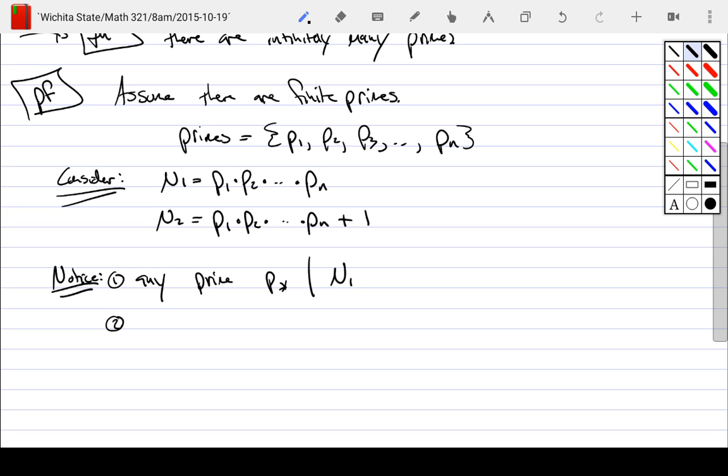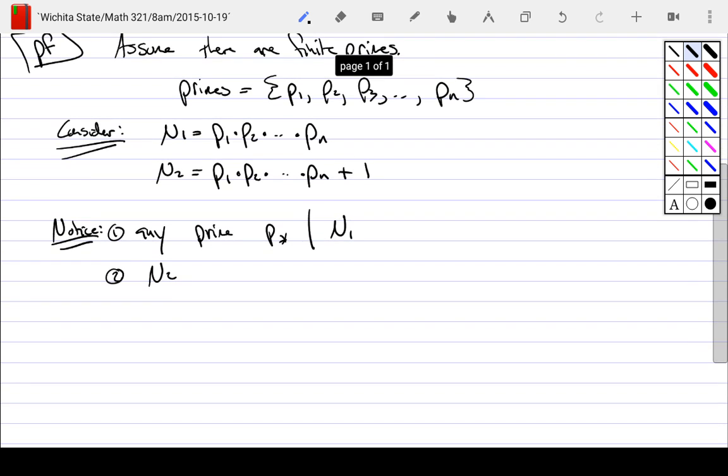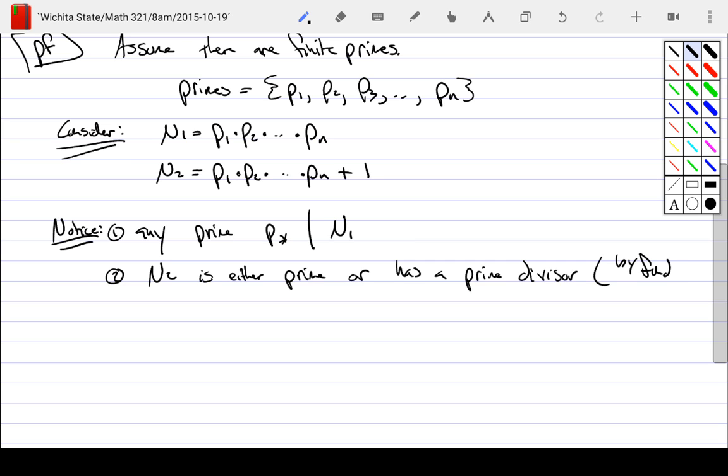Now let's consider n2. It is either prime or has a prime divisor. That's by the fundamental theorem. It has a bunch of primes that multiply uniquely to it. In other words, it's either prime or composite. If it's composite, it has a prime divisor. Obviously, it really doesn't matter if it's prime or it has a prime divisor.